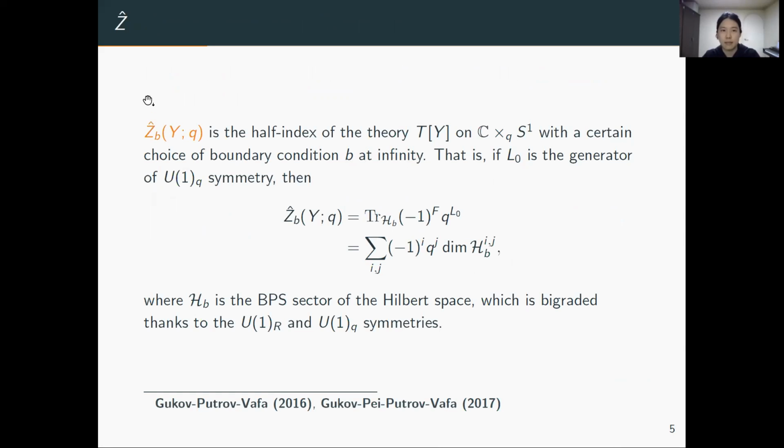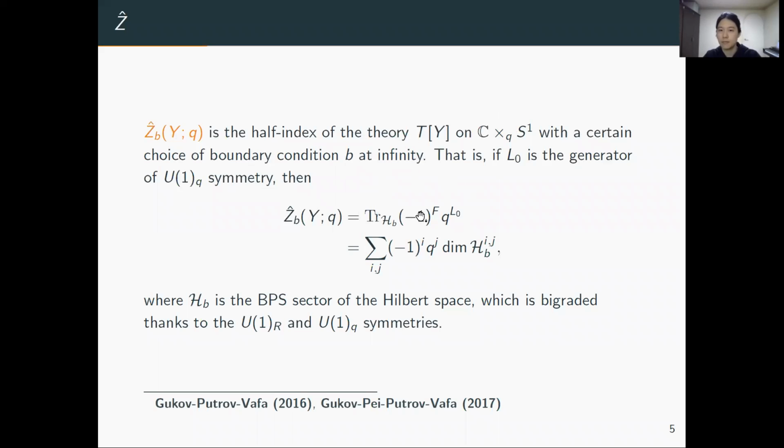So Z hat is the half index of this theory, T of Y, on C times S^1 with a certain choice of boundary condition B at the infinity of C. In other words, if L_0 is the generator of the U(1)_q symmetry, then Z hat is the twisted Witten index.